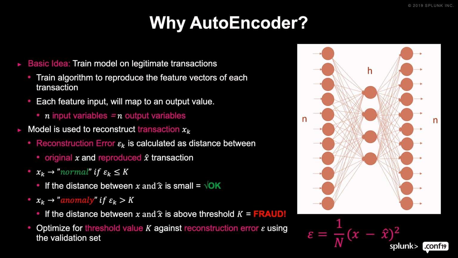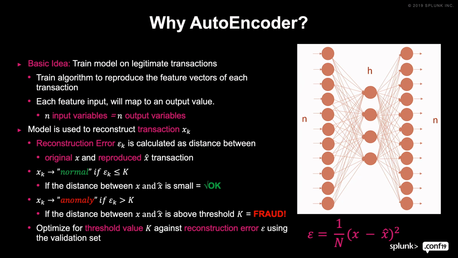So what happens is I've trained this neural net on what a normal transaction looks like. I then apply that neural net to potentially fraudulent transactions or other transactions I haven't trained on before. And when I get a large reconstruction error, above some threshold K, those are fraud candidates, because the reconstruction error is basically telling me that these transactions don't look the same as the normal transactions.